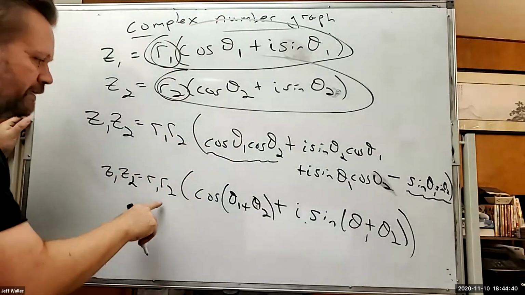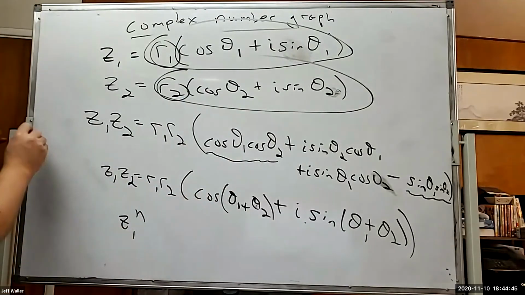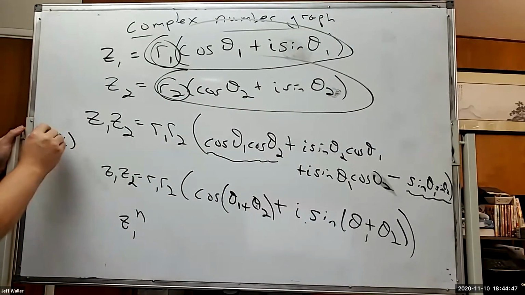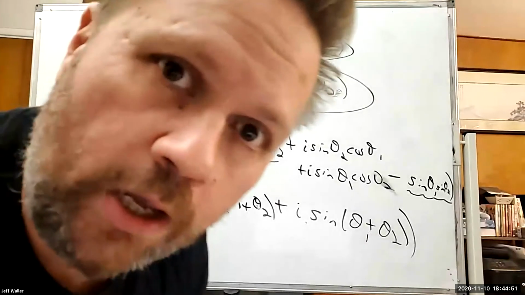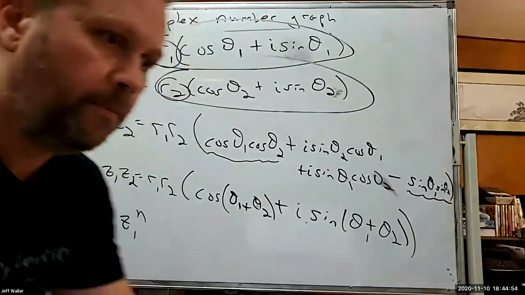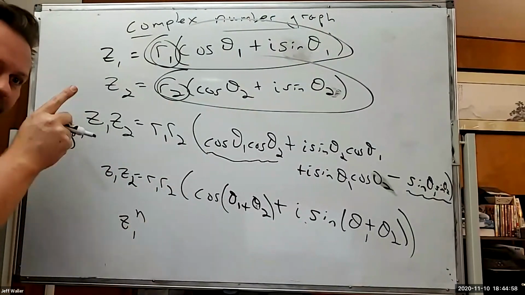It's going to be easy using this idea. If I asked you what's 4 plus 3i to the 87th power, you would be rightfully looking at me like, I ain't doing it. But with what we're going to do next, that is going to be relatively easy.